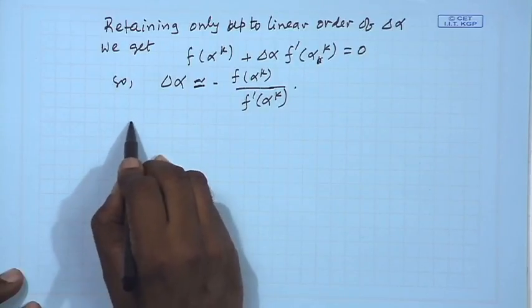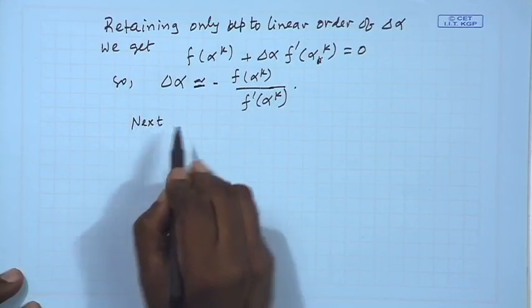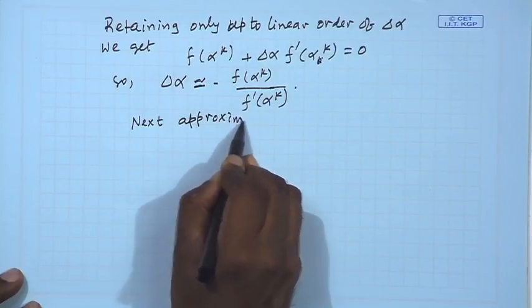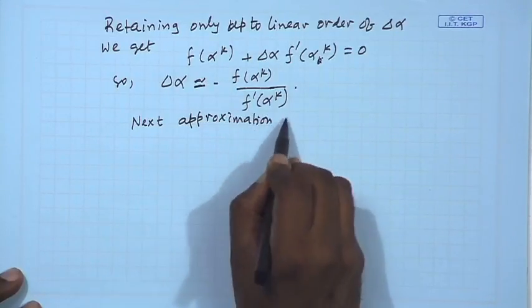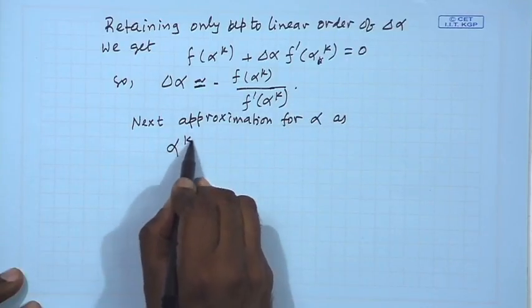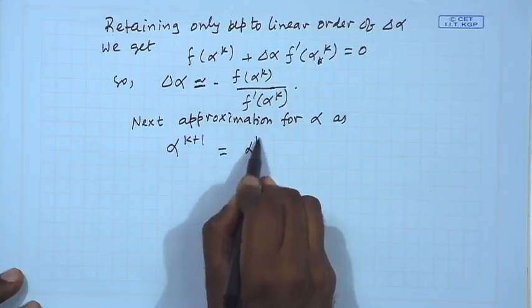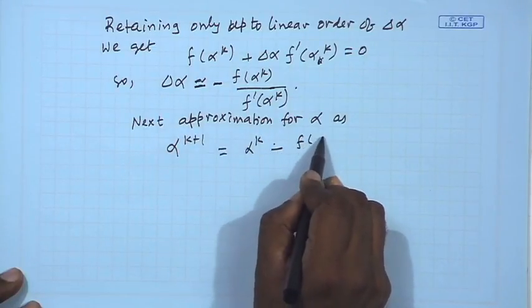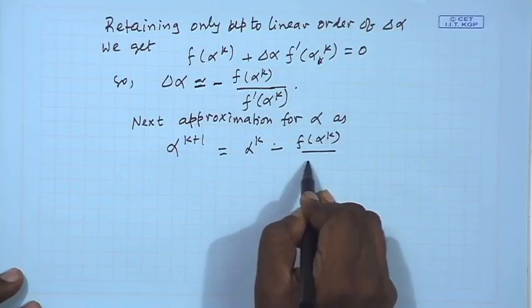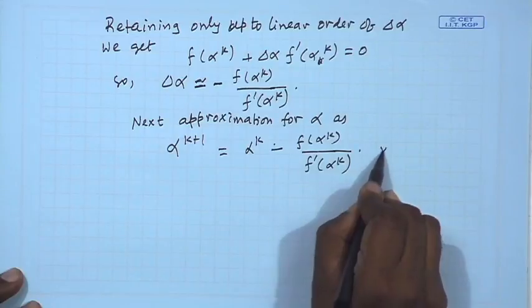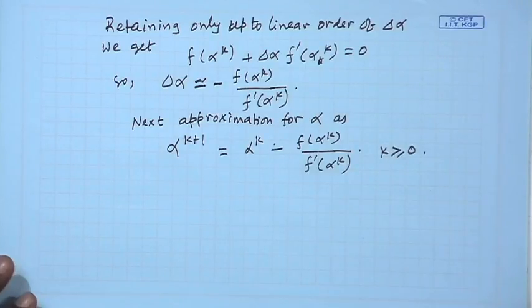So, we call the next approximation for alpha, alpha k plus 1, equal to alpha k minus f alpha k by f dash alpha k, for k greater than or equal to 0.